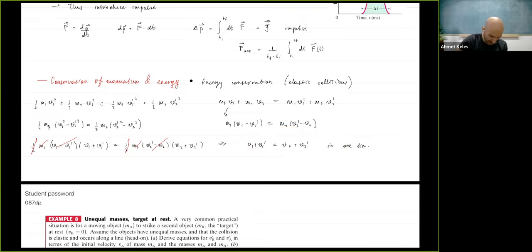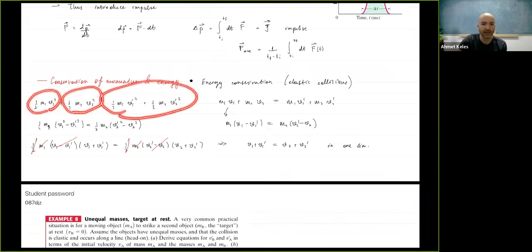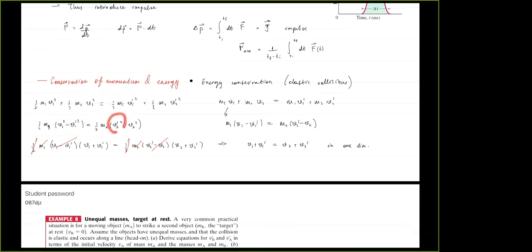So what I did was, kinetic energy is conserved. So 1/2 m1 V1 squared plus 1/2 m2 V2 squared, and on the other side, I have the V primes. And I said, okay, let me take this V1 prime to this side. I wrote V1 squared minus V1 prime squared, and on the other side, I had V2 prime squared minus V2 squared.